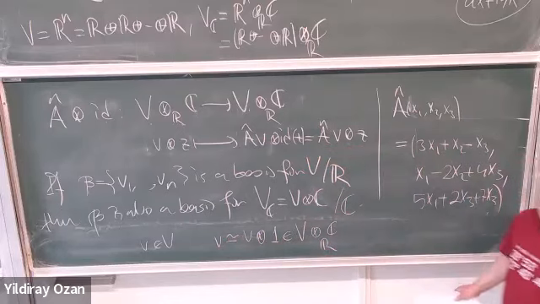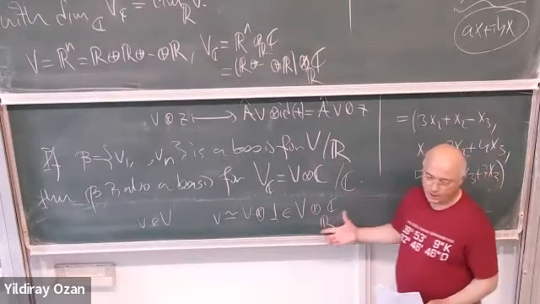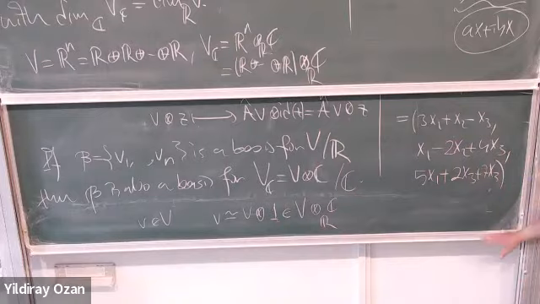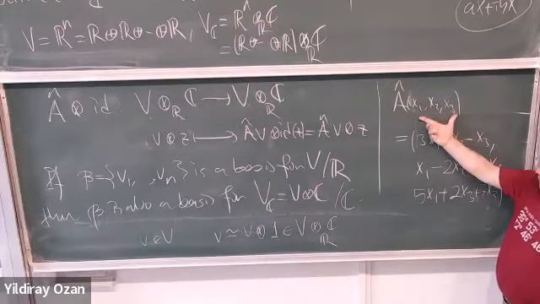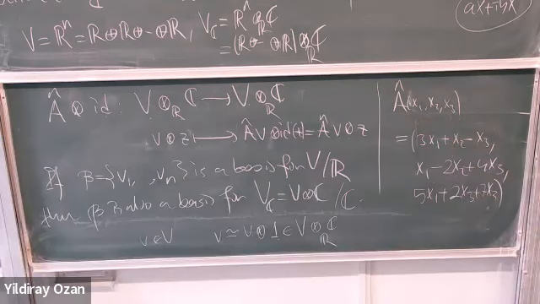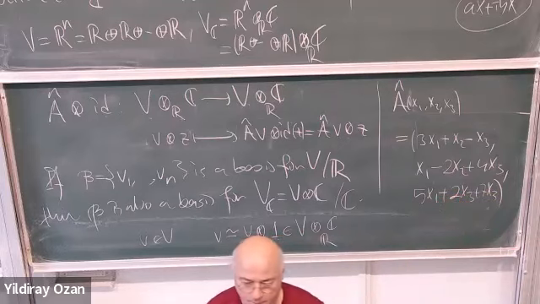Tamam mı? Dolayısıyla her reel vektörü aslında kompleks vektör gibi görebilirsin. Burada bunları real variable gibi alıyorum, koordinatlar. Operatör complexification'ı yani kompleks yapmak, bu değişkenleri kompleks almaktan ibaret. Ama ifade aynı. Tamam mı?